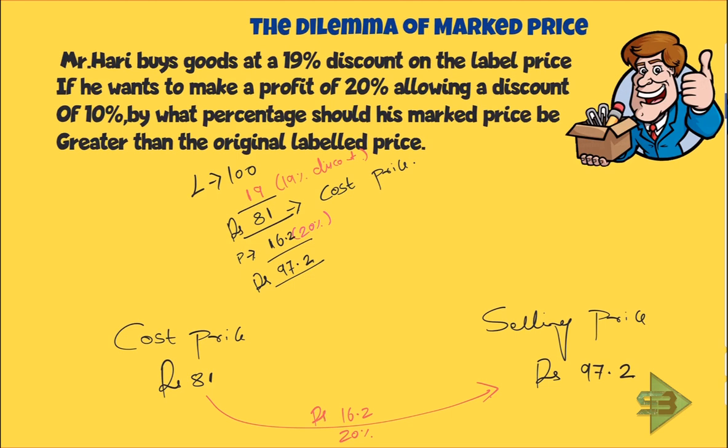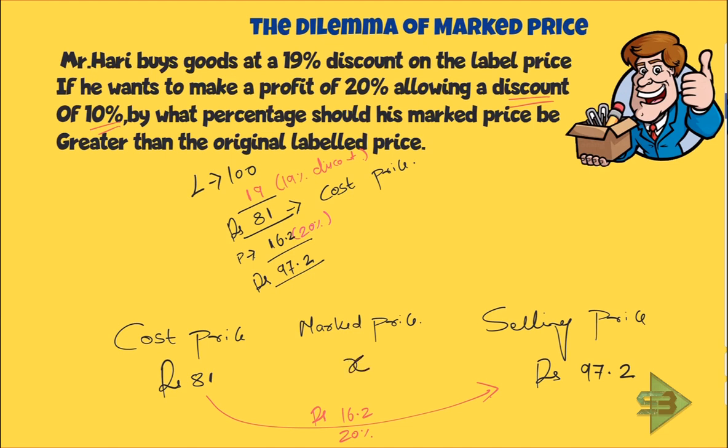What else is he saying? He wants to make a profit of 20%, by allowing a discount of 10%. So now we get something called the mark price. He gave a discount on the mark price. Correct? So you know the cost price, you know the selling price, you don't know the mark price. But what do you know?